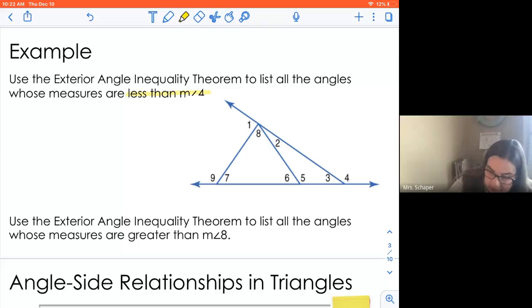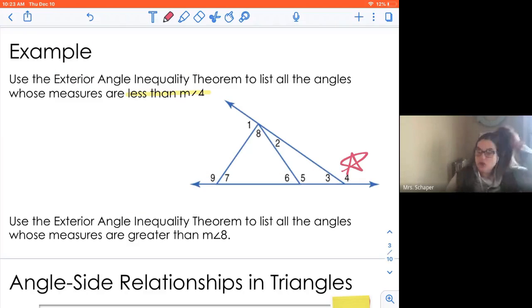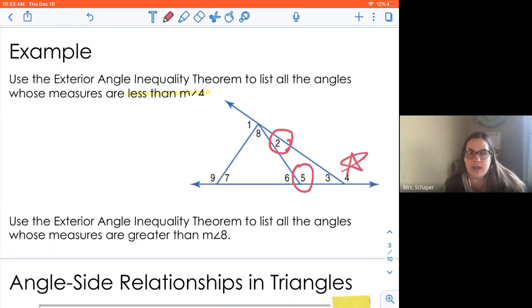I know that 2 and 5 are less than 4, because 4 is equal to the sum of 2 and 5, so it has to be greater than each of those angles. Now 3 looks like it's less than 4. However, we can't prove it. So right now we can only say with certainty that 2 and 5 are less.